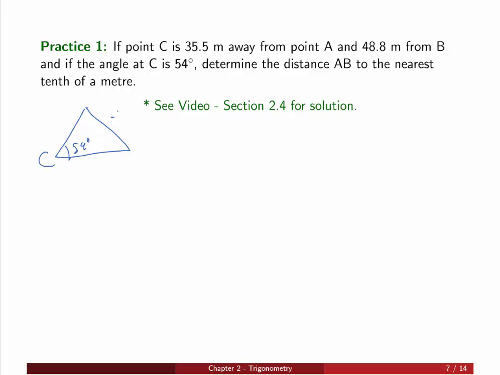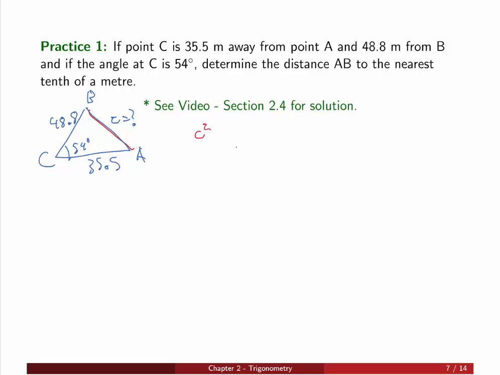If point C is 35.5 meters away from point A, that will give you side length b, and it's 48.8 meters from B, that gives you side length a. And if the angle at C is 54, determine the distance AB. So we're actually looking for c, because we're looking for this distance right here, that side.